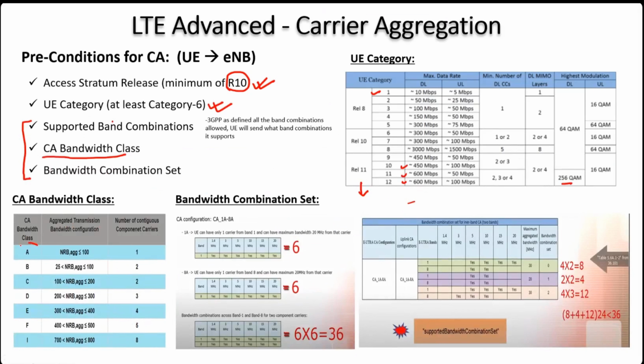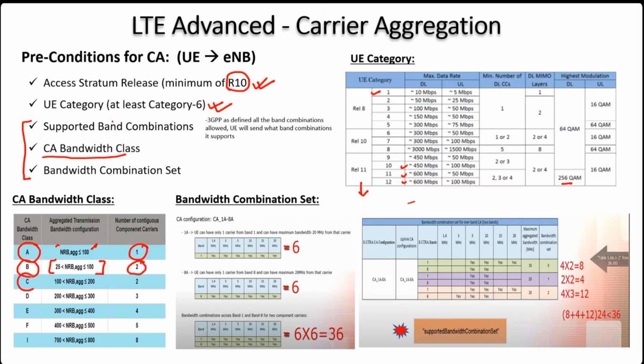For bandwidth class A, carrier aggregation is up to 100 RBs, correct? And how many component carriers can it aggregate? 1. I will take an example to help you understand, but is this definition clear to you or not? With class B, it can aggregate from 25 RBs to 100 RBs, but with 2 component carriers.